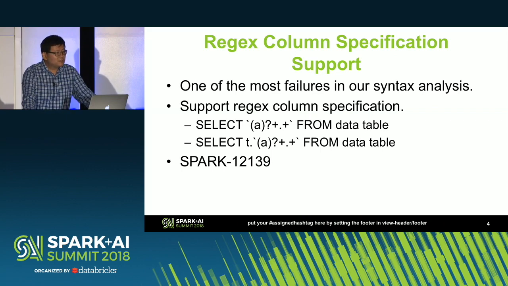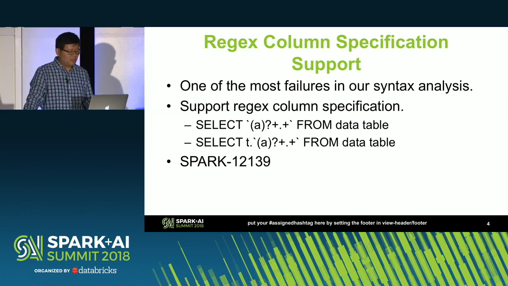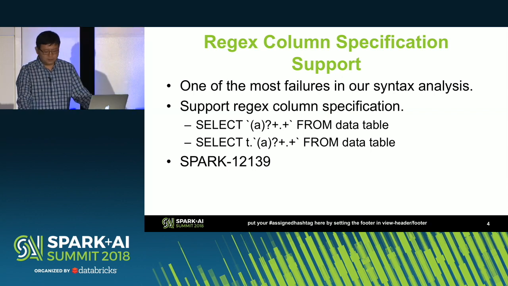If we want to migrate this workload from the Hive to Spark, either we have to rewrite the SQL to specify every column. This is impossible because we have so many legacy pipelines. The second one is we added the feature support for the regex column specification. My colleague Wang implemented this feature, and also this code was already committed to the upstream.